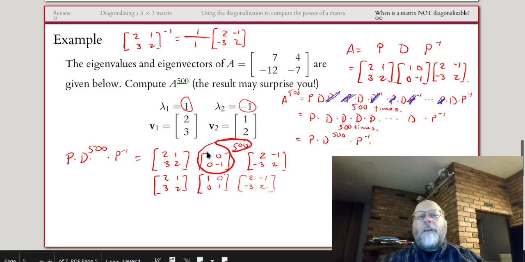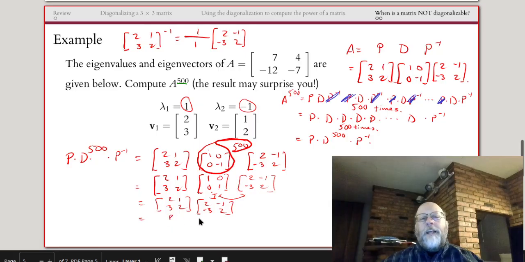So I've scaled this matrix by 500. E1 never changes. E2 flips back and forth, but since it flips back and forth an even number of times, this becomes 1. Well, this is the identity matrix. And the identity matrix times anything is just itself. So I'm going to go ahead and combine these. And this just gives me [2, 1, 3, 2] times [2, -1, -3, 2].